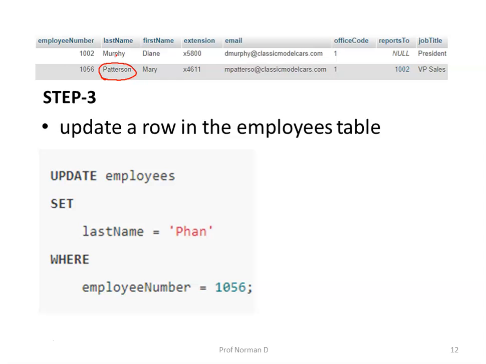So my update query will look like: update employees set last name equals Han, where the employee number is 1056. We have already seen how to write an update query in our previous sessions. So now this value, that is the last name of 1056, should be updated to a new value, that is Han.